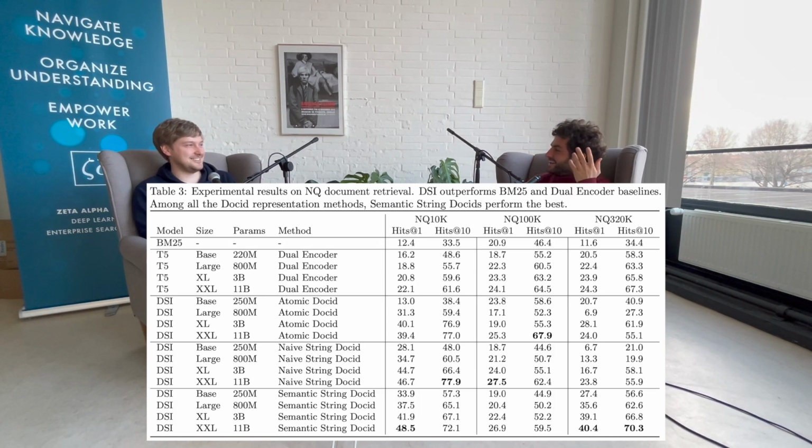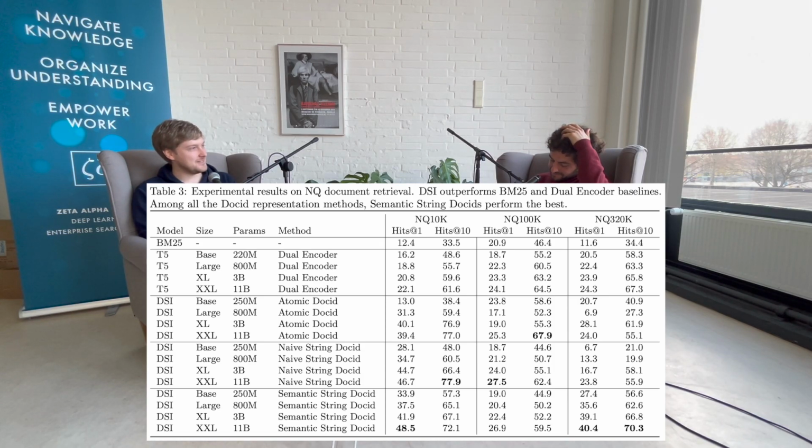Imagine a classification layer that's literally 300,000 in size. Here it's 300,000, and their vocab, I believe, is around 30,000 to start with. So you've increased it by 10 times in order to store the document ID tokens.